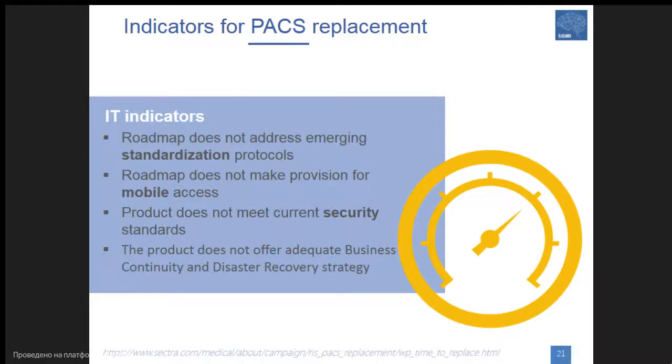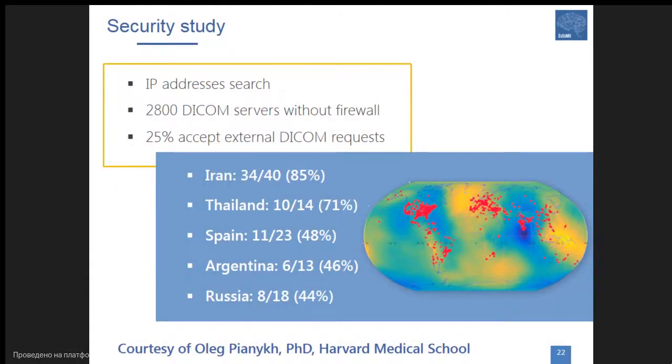If it does not make provision for mobile access, or if the product doesn't meet current security standards, which is very important. A few words about security. This is an example of a study by Oleg Pianych, who addressed DICOM servers around the world, sending requests to connect with these servers.